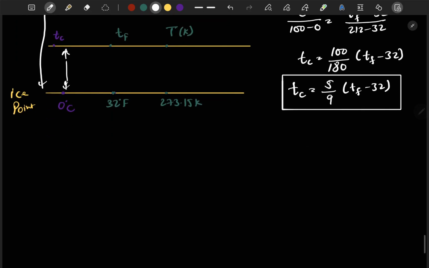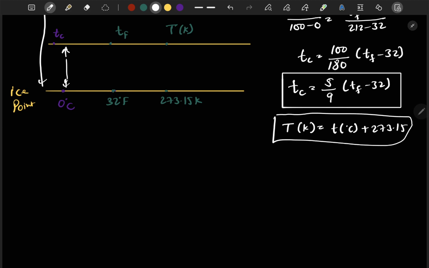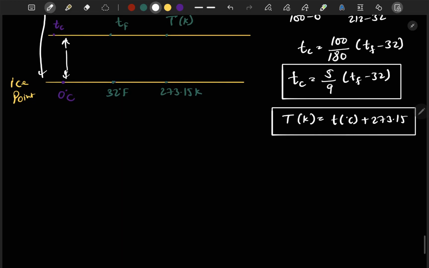In the Kelvin scale, we write temperature in Kelvin is equal to temperature in degree Celsius plus 273.15. The Kelvin scale is basically derived from experiment.